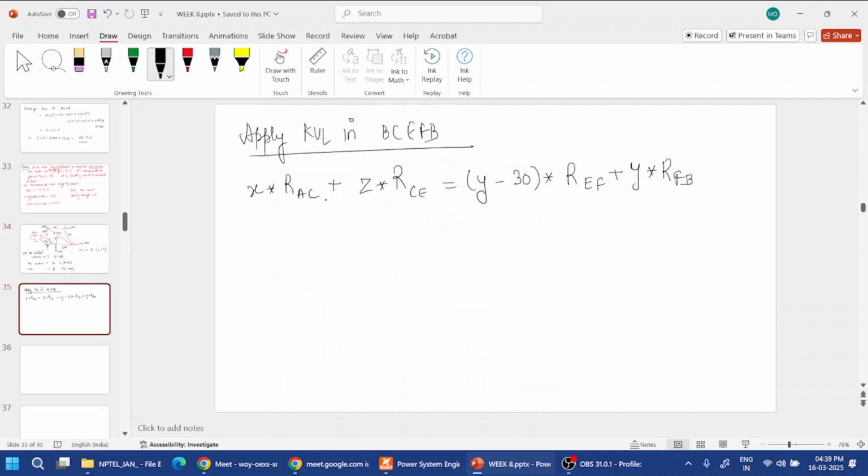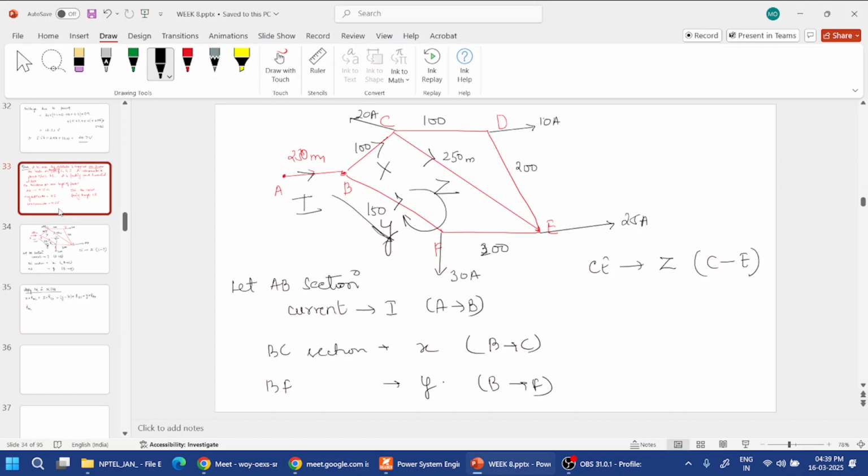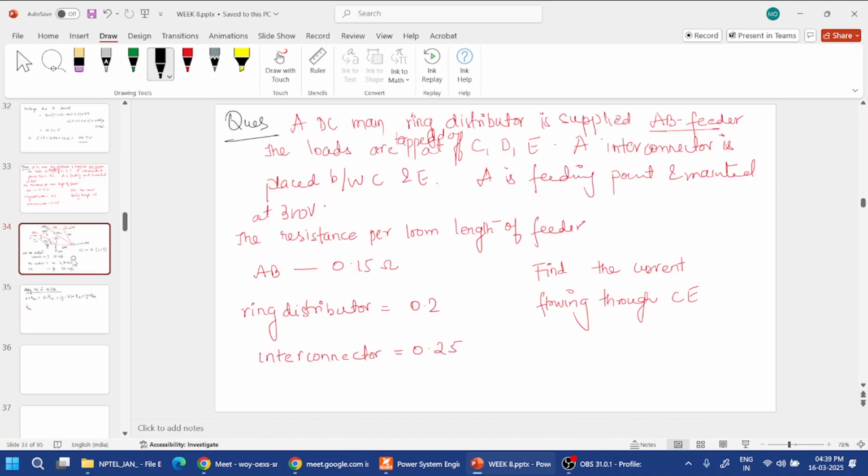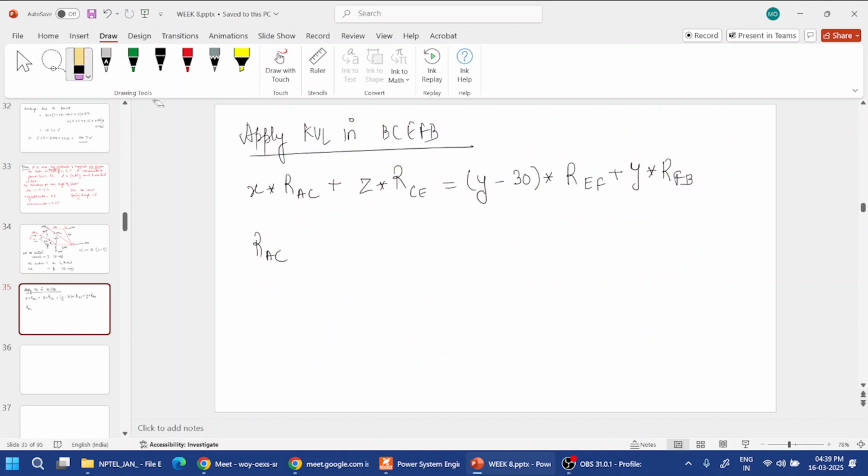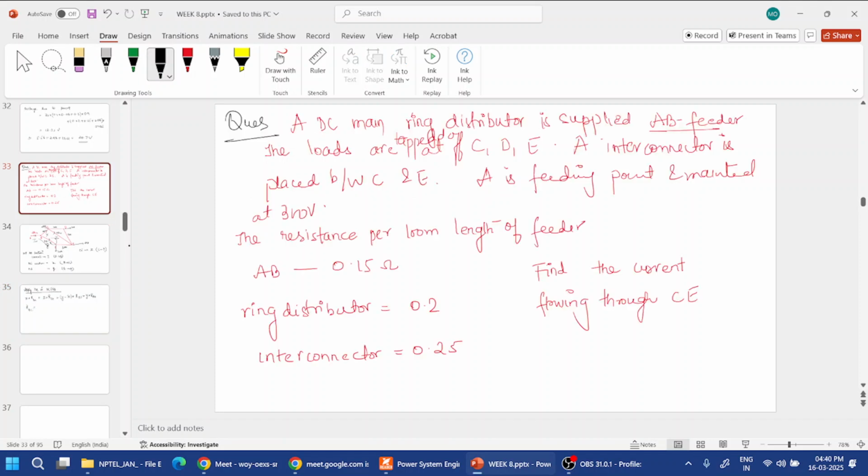Now what is RBC? We have to find RBC. Sorry, it is BC. In the question, the resistance per 100 meter length is given for the feeder, and for the ring distributor it is 0.2.